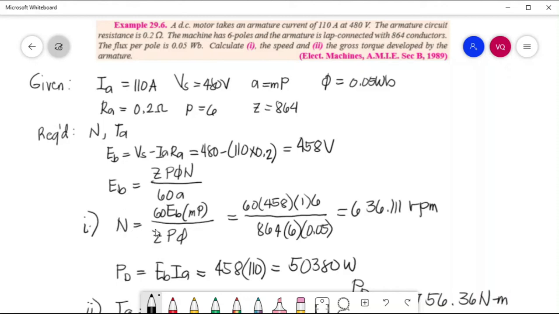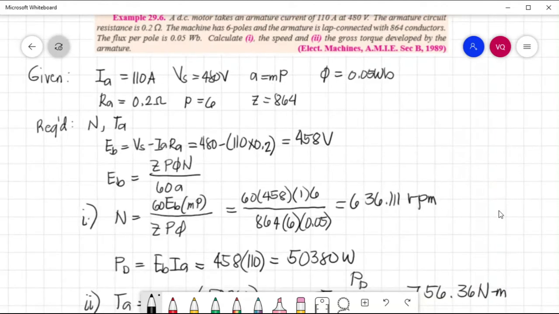So speed is equal to 60 multiplied by the back EMF times A, which is P kasi lap winding, divided by number of conductors times number of poles and flux per pole. Our speed is equal to 636.111 RPM.